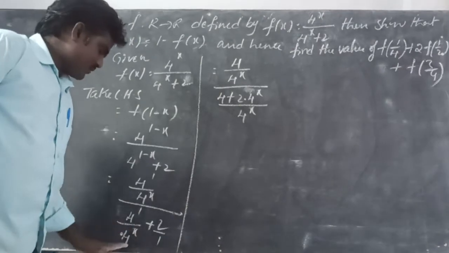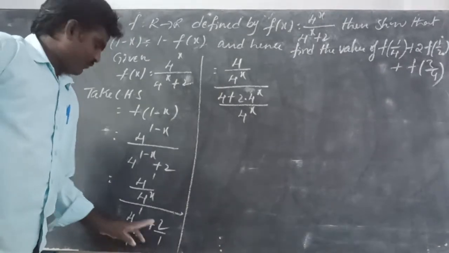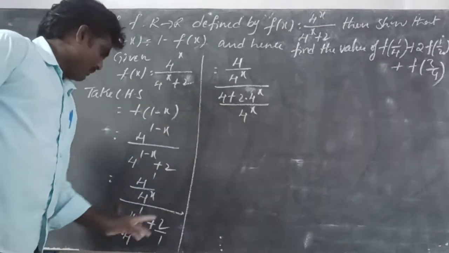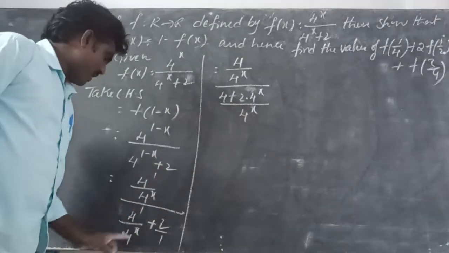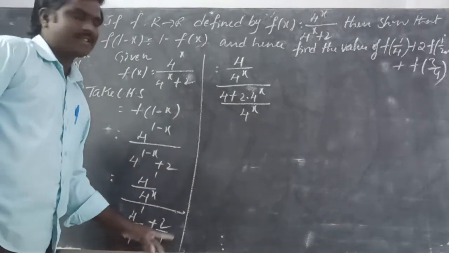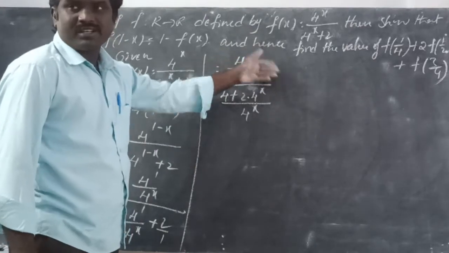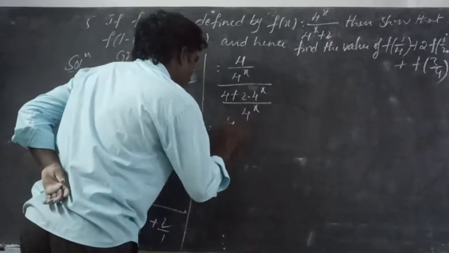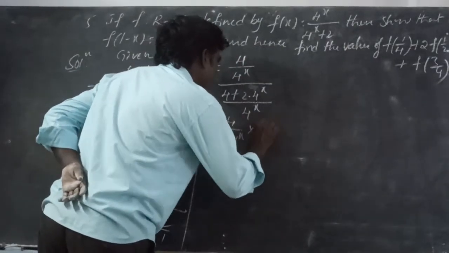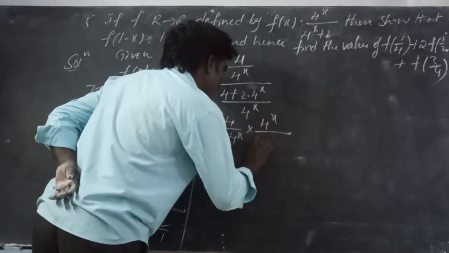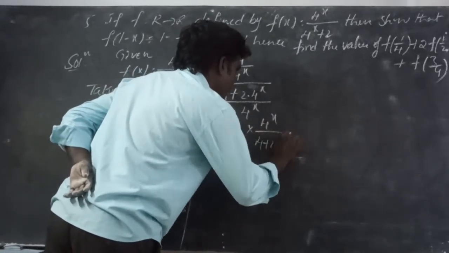Okay, the fractions we can do that cross multiple. 4 power 1 into 4, 4 plus 2 into 4 power x by 4 power x into 1, 4 power x. So denominator having fraction becomes reciprocal. So that is 4 by 4 power x into 4 power x by 4 plus 2 into 4 power x.